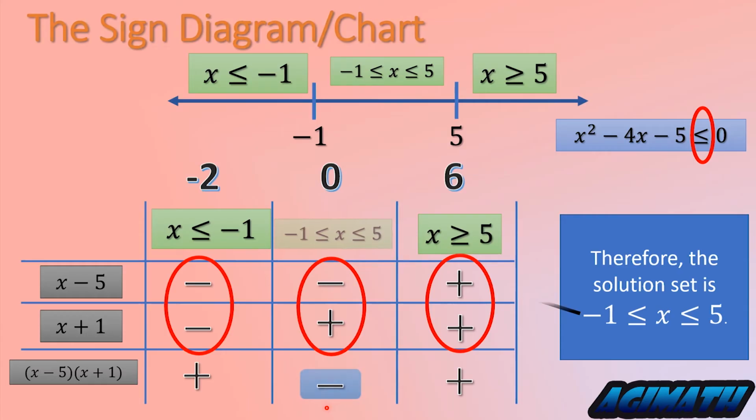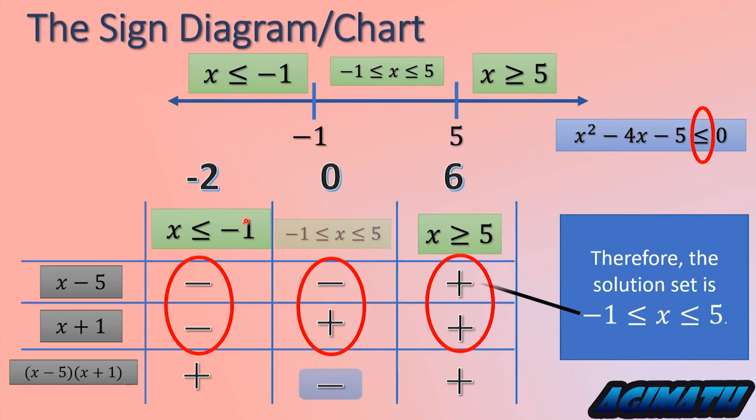So in this case, because it's less than or equal to, we look for the negative. Therefore, the solution set is x is greater than or equal to negative 1 but less than or equal to positive 5. Okay, before we proceed to the second example, the sign chart or the sign diagram is always composed of three columns.